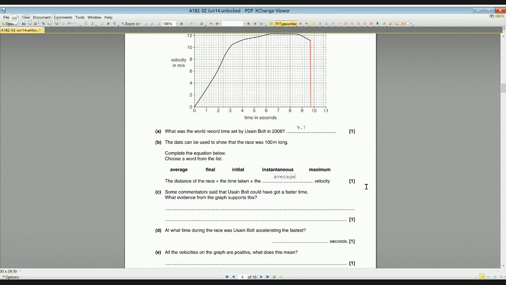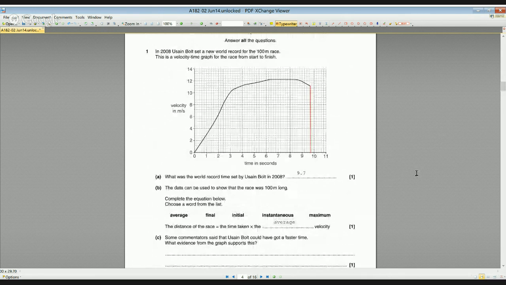Some commentators said that Usain Bolt could have got a faster time. What evidence from the graph supports this? So again, looking back at the graph, what can we see that would support that? Well, the higher the line is on the y-axis, the faster he was running at any given point. You can see here he's getting faster and faster, still increasing in speed. Around about 6 to 8 seconds here, he's flattened off, he's traveling at a constant speed.